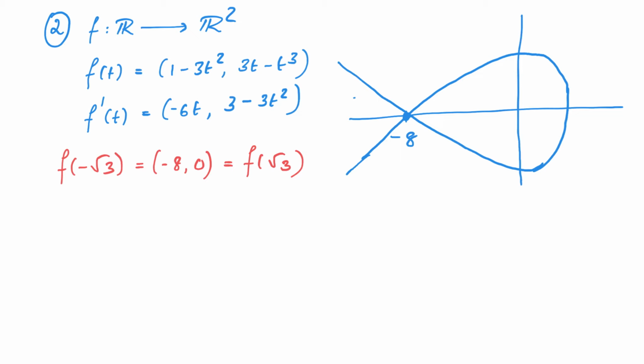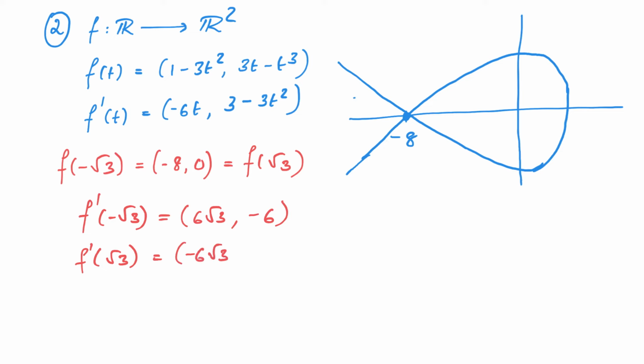Similarly, near root 3, the image of the function looks something like this, and therefore the tangent looks something like this. And this matches with what we get when we compute the derivative at minus root 3 and plus root 3. Notice that f'(-root 3) is (6 root 3, -6), and f'(root 3) is (-6 root 3, -6).